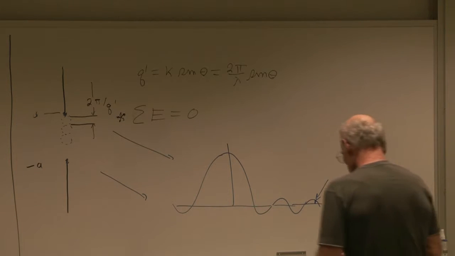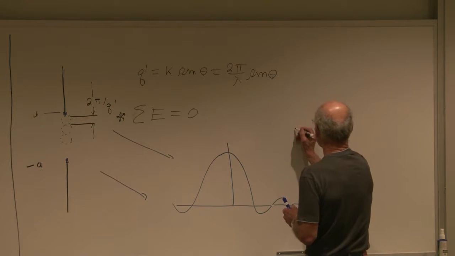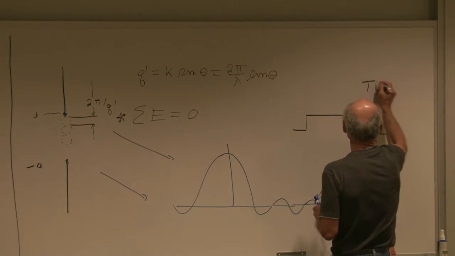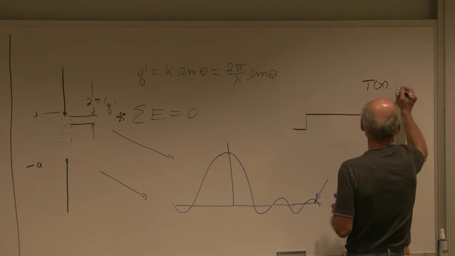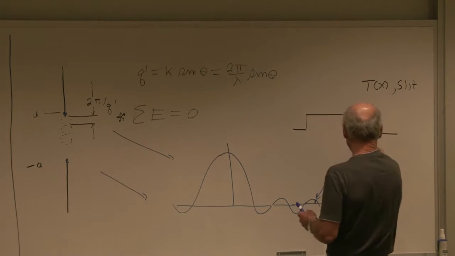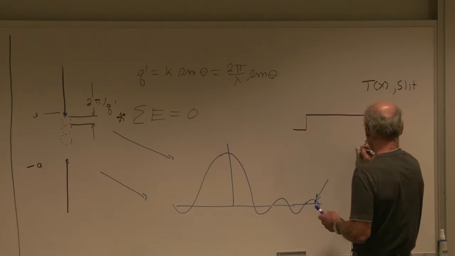Now, also on one of the diagrams I handed out, I drew the slit profile. We did this last time, so here's now the transmission profile, T of x for the slit. And I've got all the phasors in here, working my way across the slit.